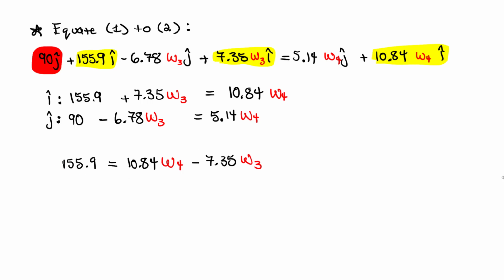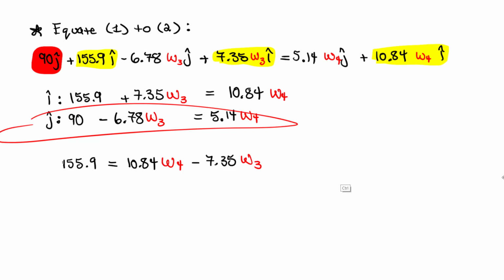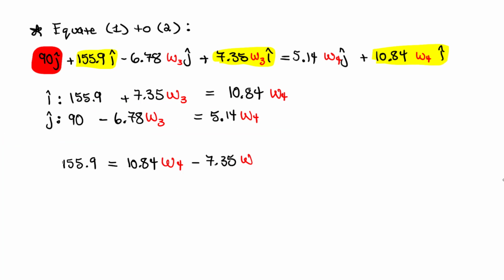That was the first equation, and the bottom equation is the J one. I just kept the 90 here, equals this one, 5.14 omega 4, plus, because I moved this negative to this side and it becomes positive, 6.78 omega 3.